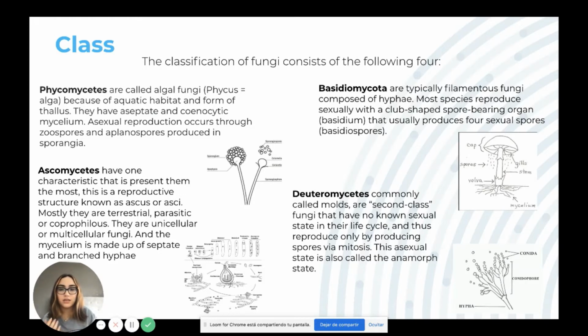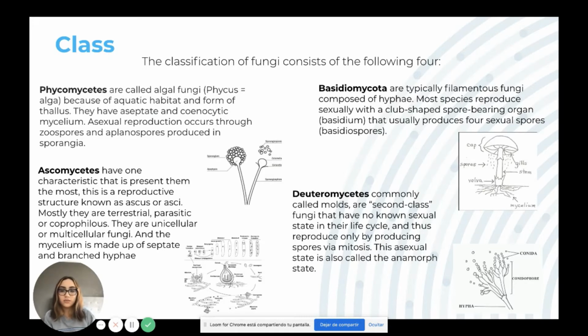Now the third one is Basidiomycota. These are typically filamentous fungi composed of hyphae. Most species reproduce sexually with a club-shaped spore-bearing organ called the basidium, and this organ usually produces the sexual spores called basidiospores.